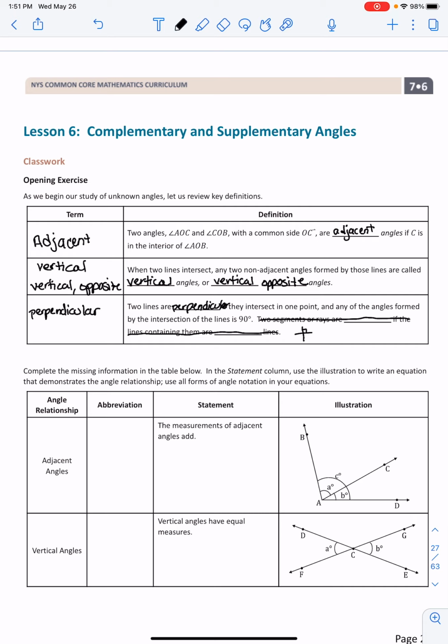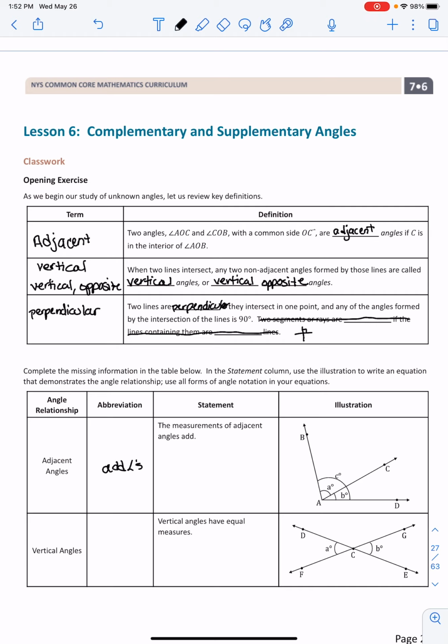So for adjacent angles, here is the measurement of adjacent angles.